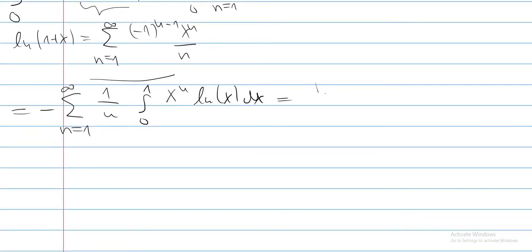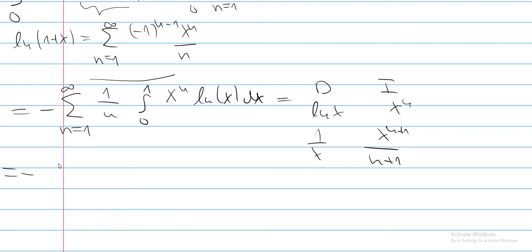Now we need to do integration by parts. We will integrate, of course, x to the n, and we will differentiate ln of x. We will get 1 over x, x to the n plus 1 over n plus 1.